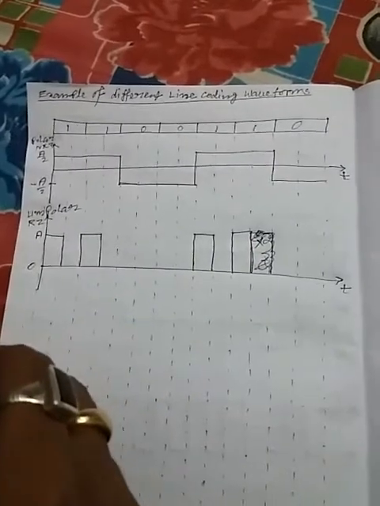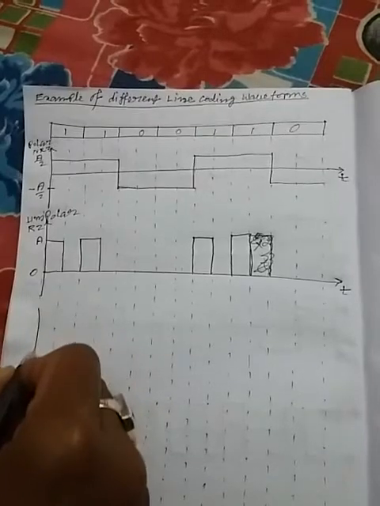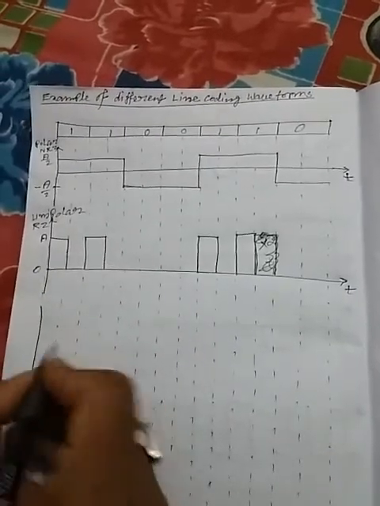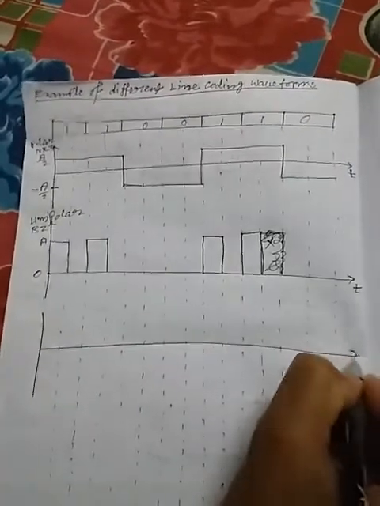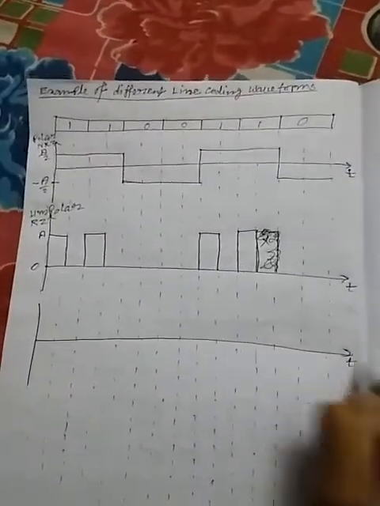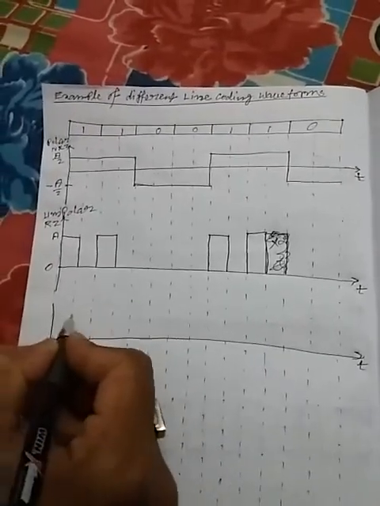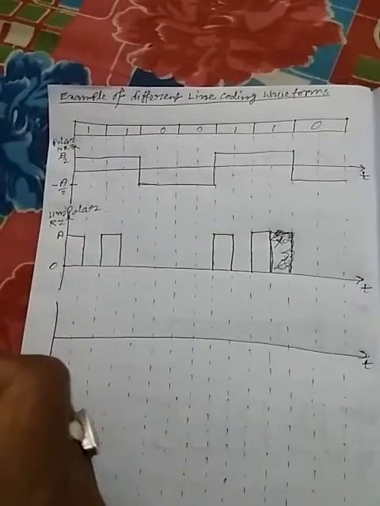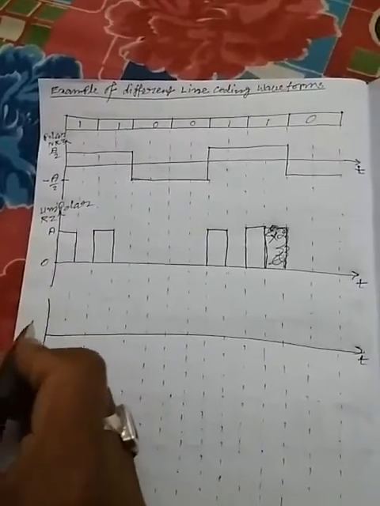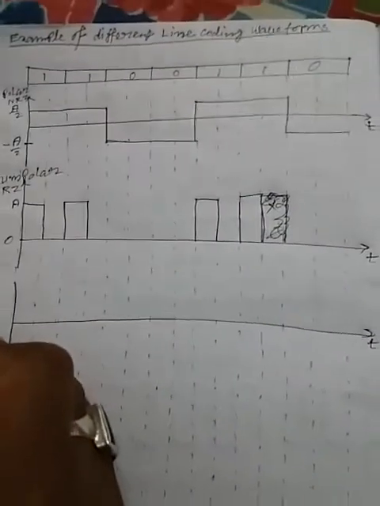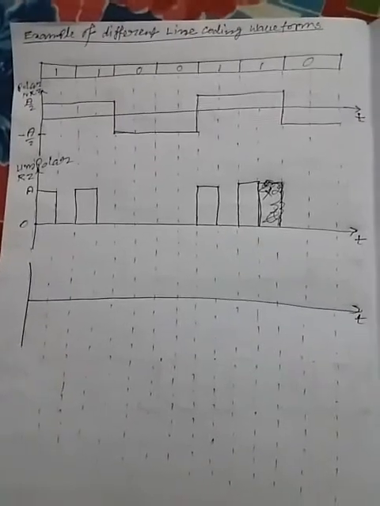Okay, now alternate mark inversion, as I have shown in the earlier video. This is the time axis T. In alternate mark inversion there will be a full amplitude of A, but whether it is return to 0 or non return to 0 has to be remembered.